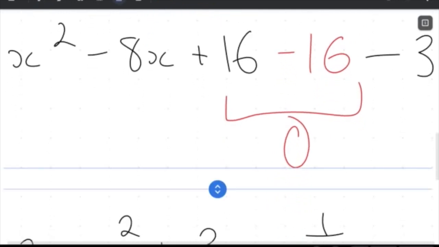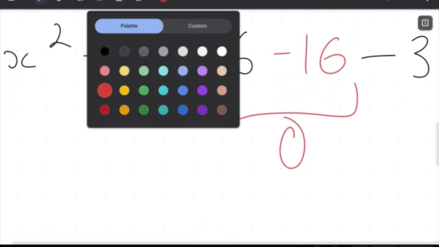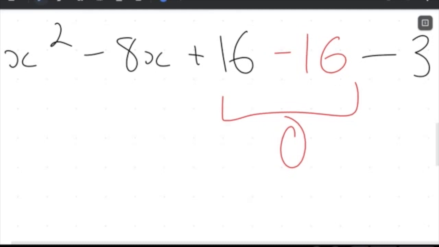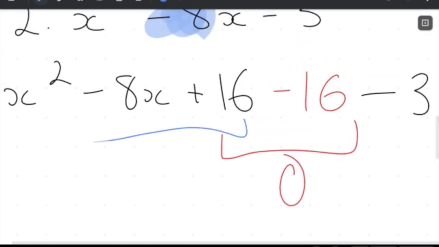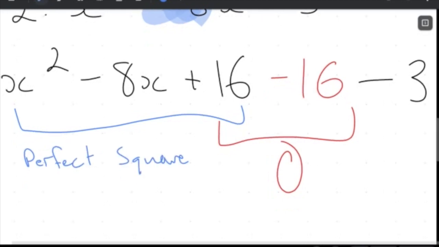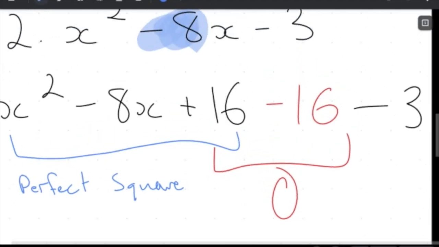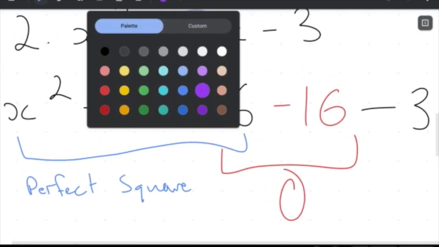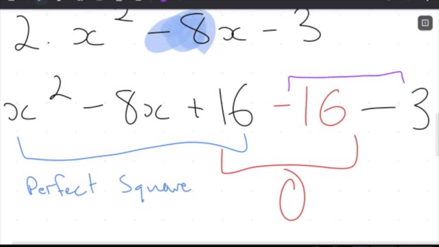Okay, and now the very last thing we want to do is isolate my perfect square. This here is a perfect square. So we want to factorize that and then work with my constants separately.